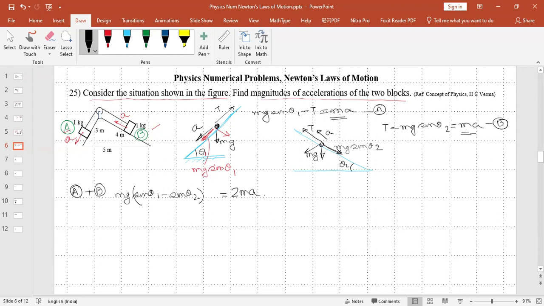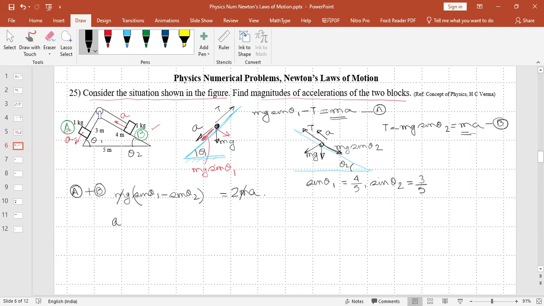Now what is sine theta 1 and sine theta 2? We've taken this one as theta 1, and this one as theta 2. Obviously, we'll find sine theta 1 is equal to 4 by 5 and sine theta 2 is equal to 3 by 5. Here this m and m get cancelled.